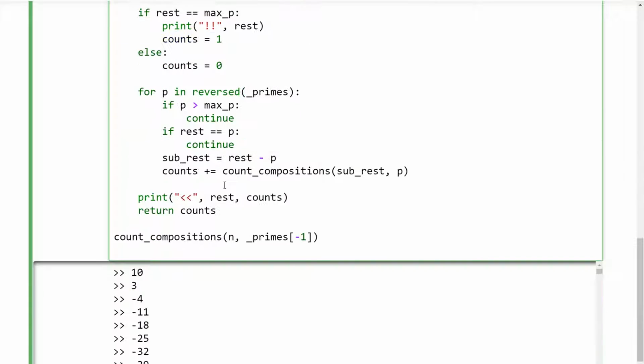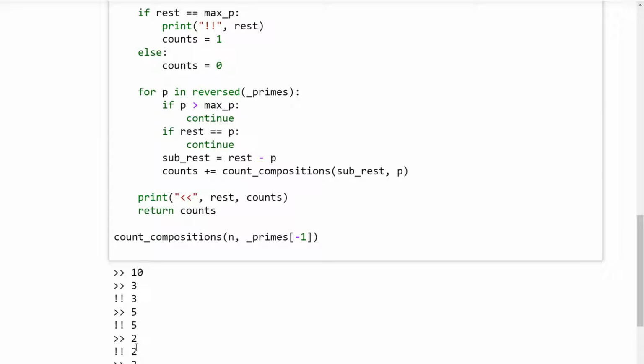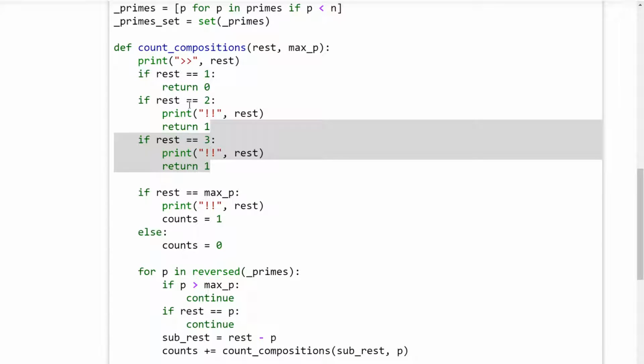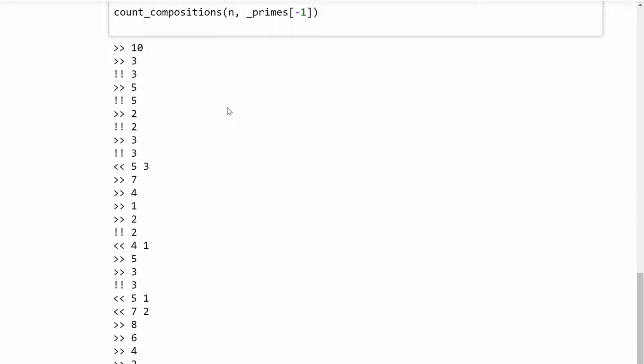Let's see. I think if something would be if res in primes, we do another composition of that. Yeah, we are doing for 2 and 3. Maybe for 2 and 3 we... Let's see. So for the 5, we're looking at the larger primes first.